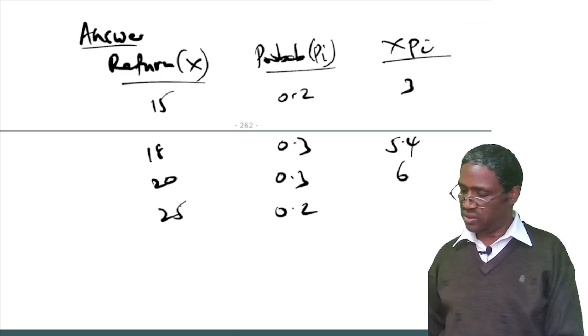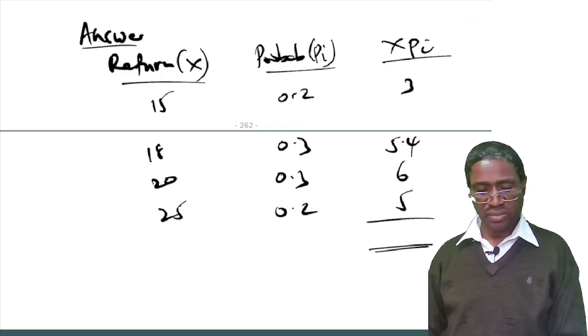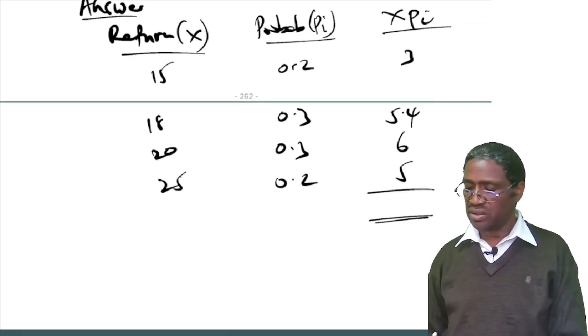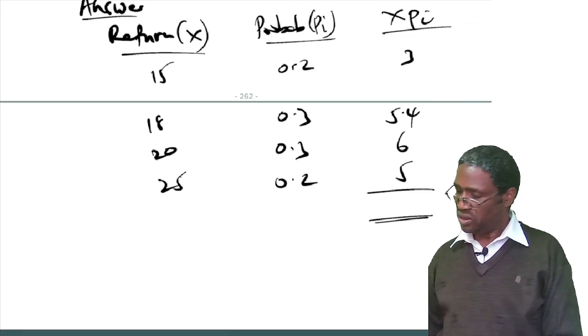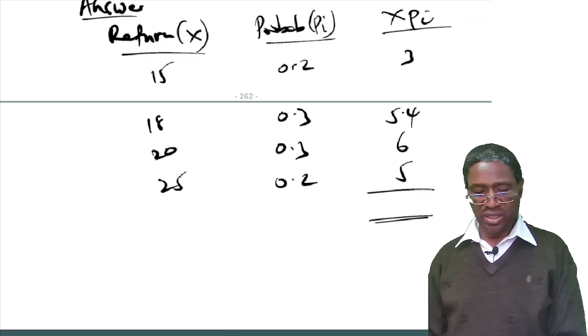Let me calculate. Yeah, it's 5. Then we get the sum. That will be the mean. This will be 3 plus 5.4 plus 6 plus 5. That's 19.4.